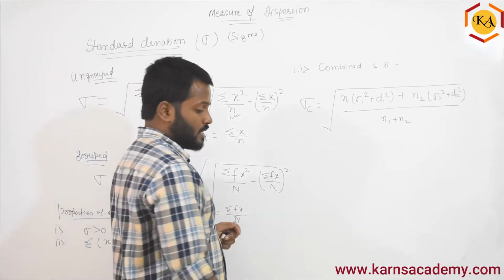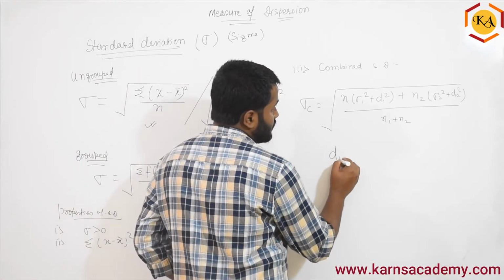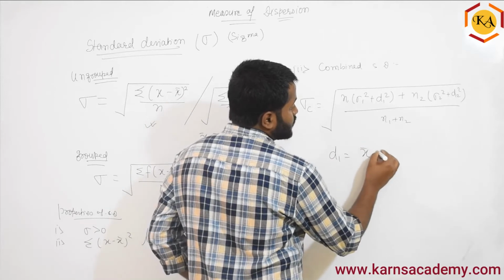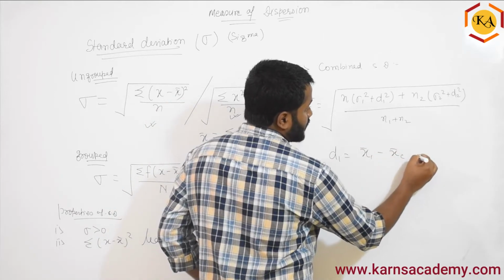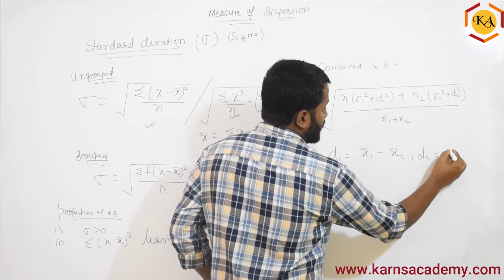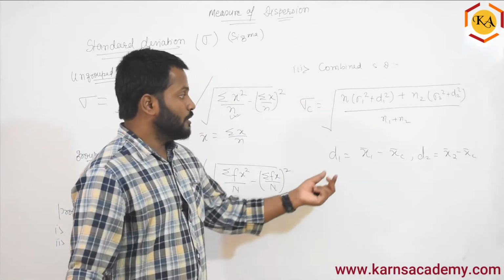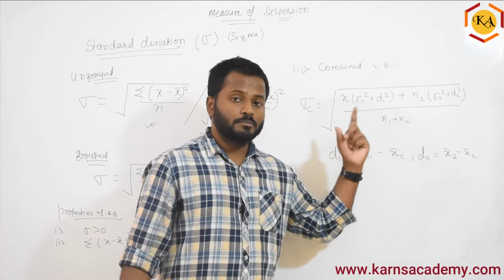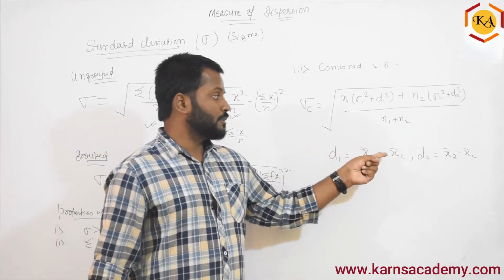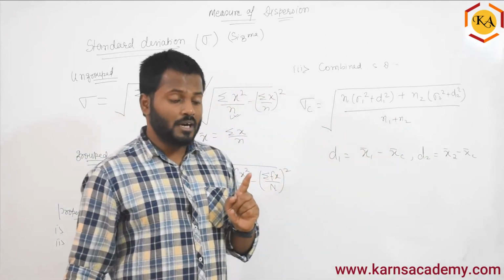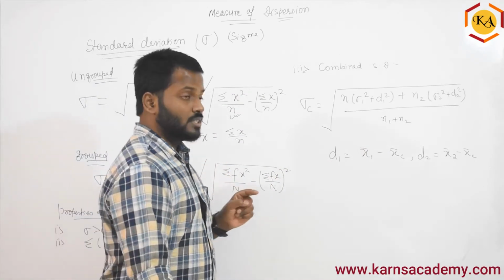d1 is x1 bar minus xc bar, and d2 is x2 bar minus xc bar. The mean for population A and the mean for population B will be given to you, and you have to subtract xc bar. Now what is xc bar? It is the combined mean.